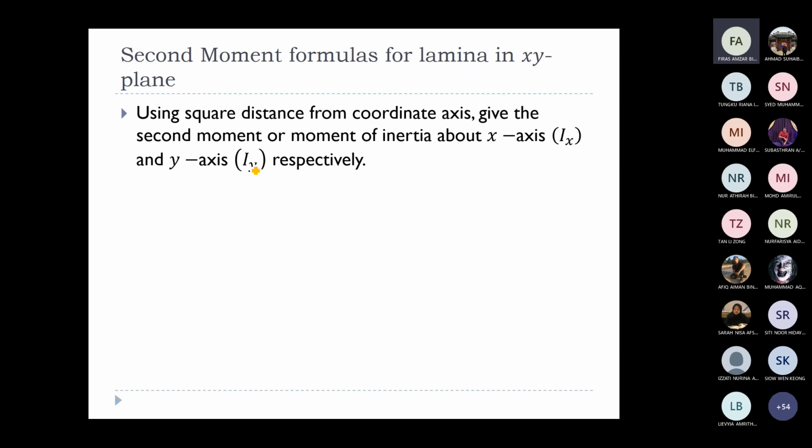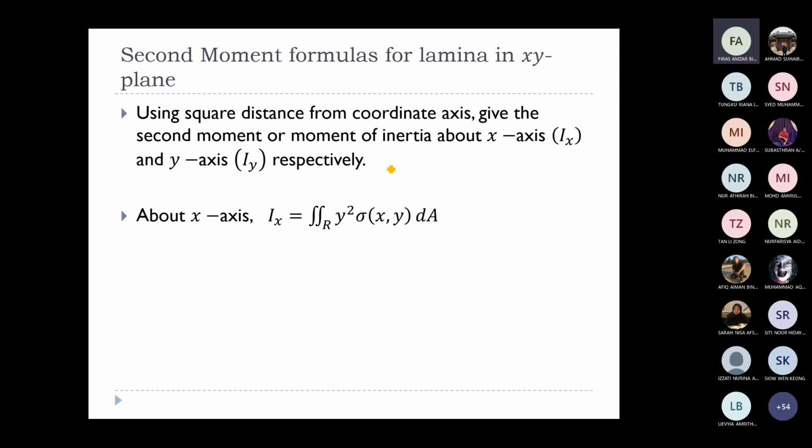Tu je lah kan. So second moment formula for lamina in the xy plane. So we were using the square distance from the coordinate axis given the second moment or moment of inertia about the x-axis. Meaning that from the moment, you are going to calculate the inertia about the x-axis and y-axis.